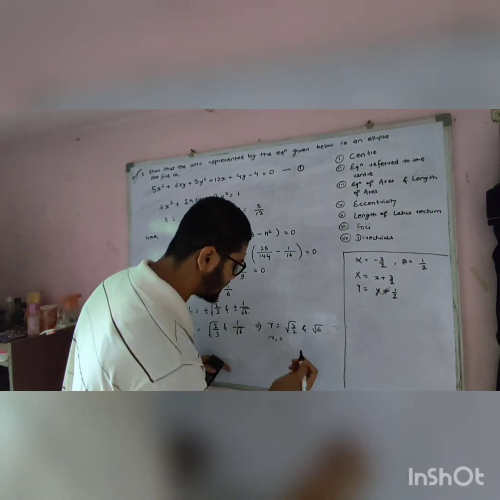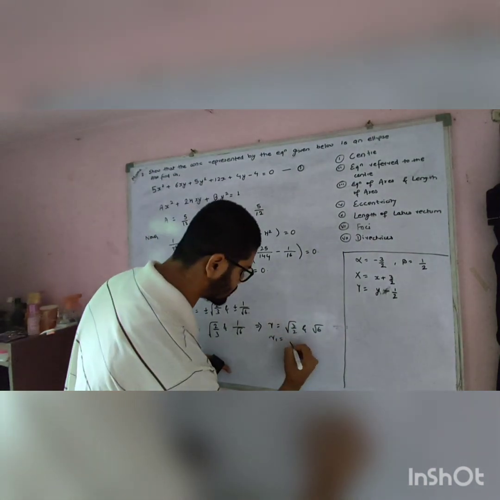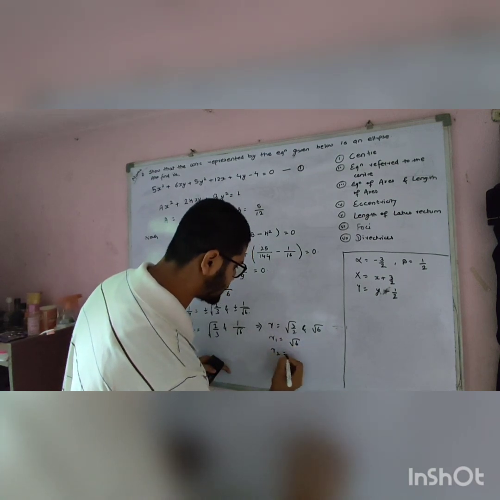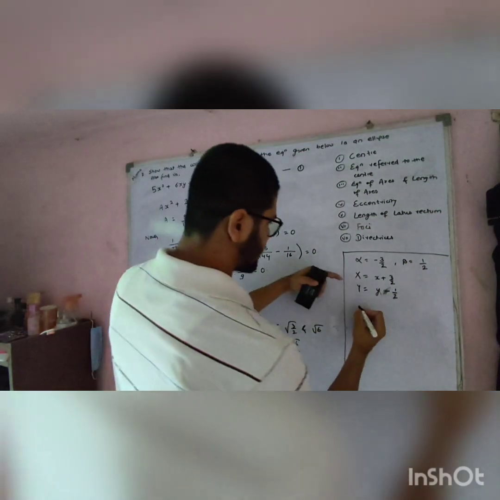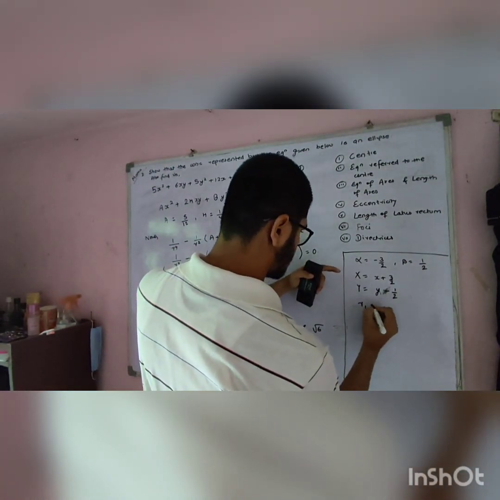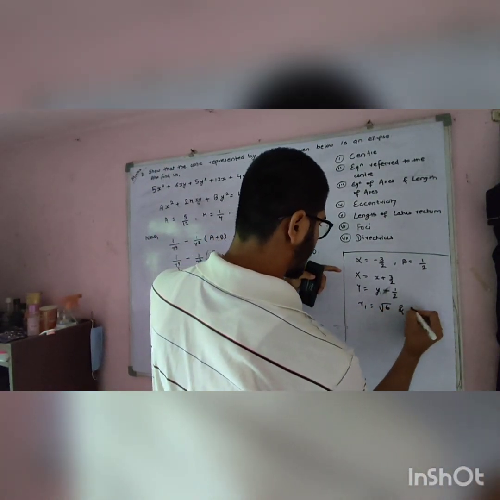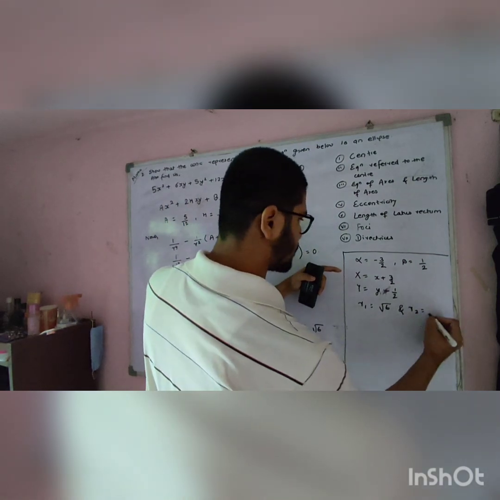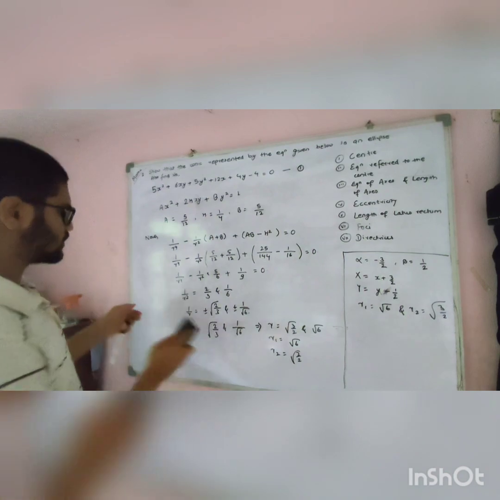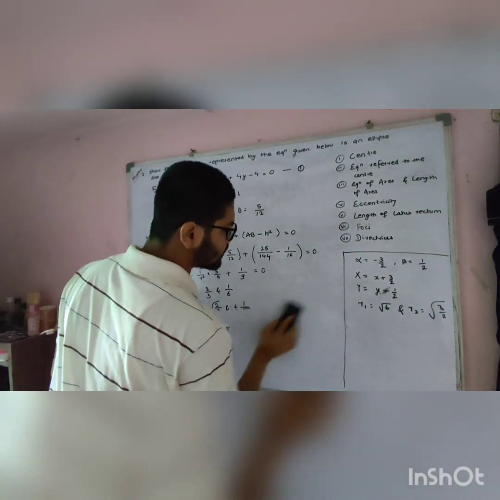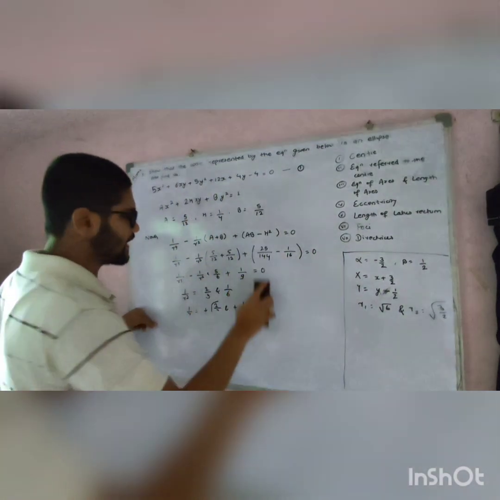So I am writing r1 for semi major axis, which is root 6, and r2 for semi minor axis, that is root under 3 by 2. I'm writing it here, it will be used further. So I'm rubbing this part. So we finally got the length of axis.